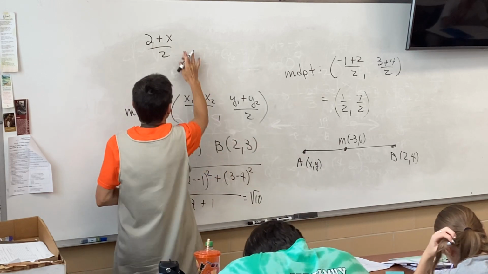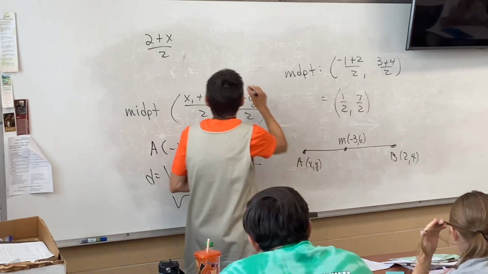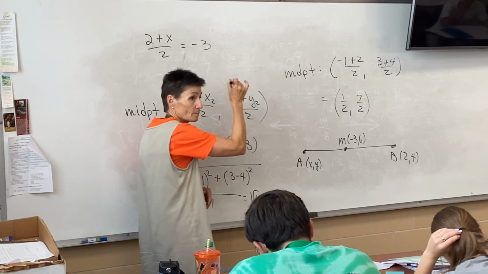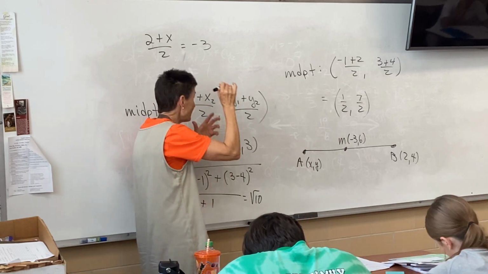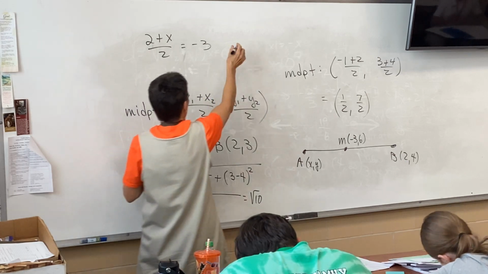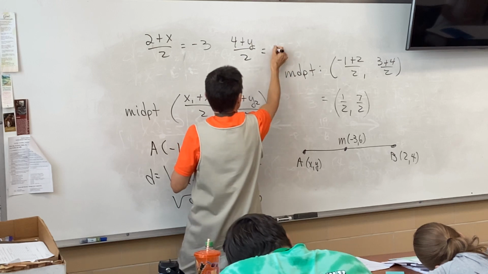And, well, what does that have to equal? 2 plus x over 2 has to be negative 3. Right? Someone nod? Okay. And then 4 plus y over 2 has to be 6.